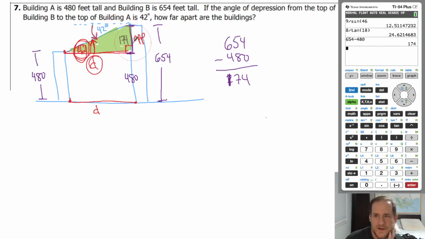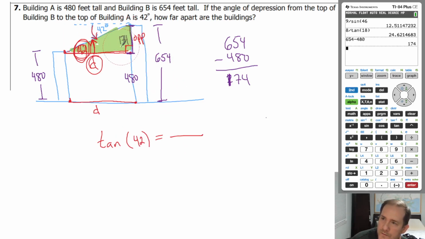So this is technically another opposite over adjacent. That means tangent. And our angle was 42. And our fraction is 174 over D. So multiply both sides by D. D moves over here, cancels out over here.